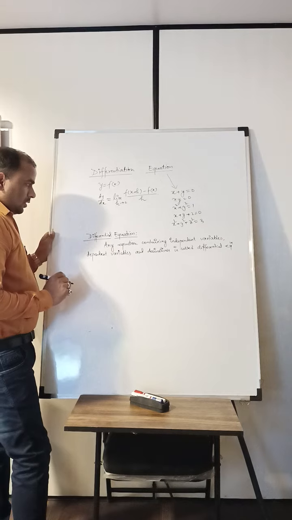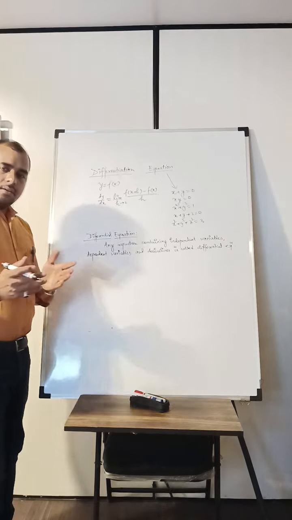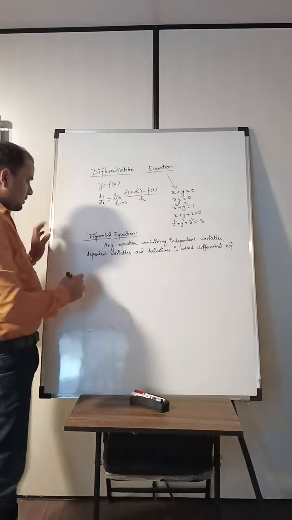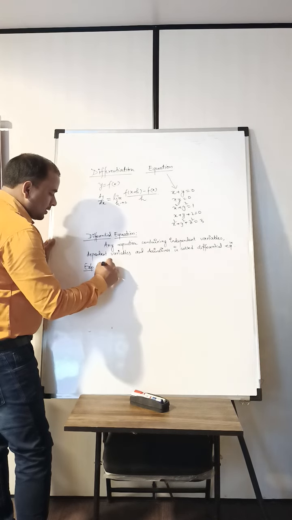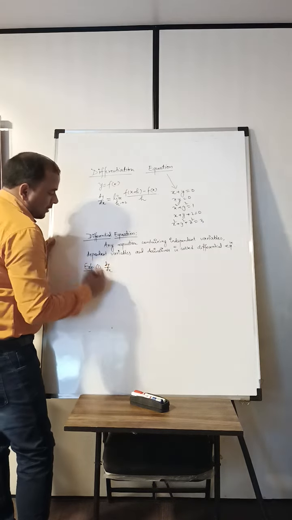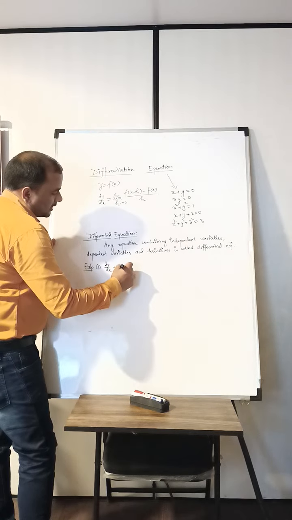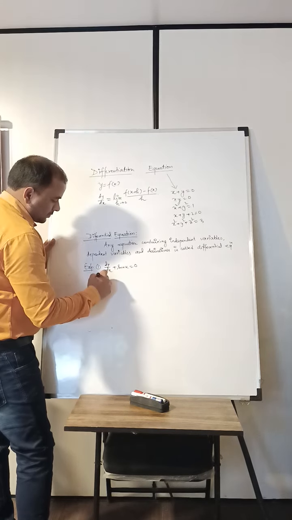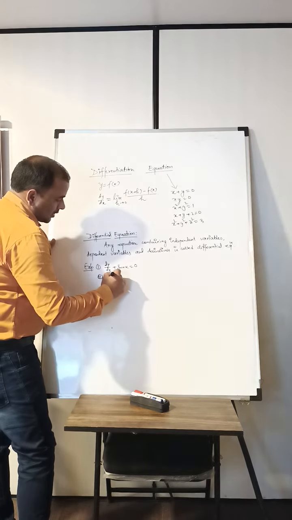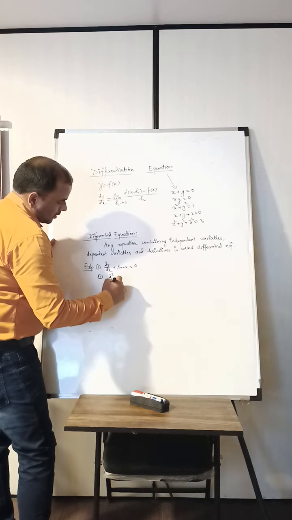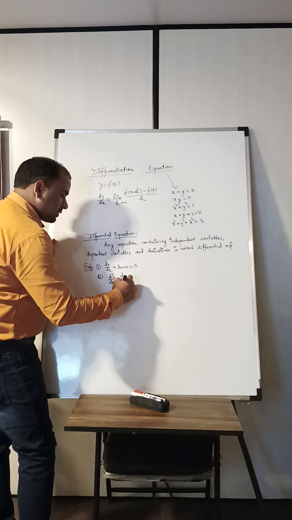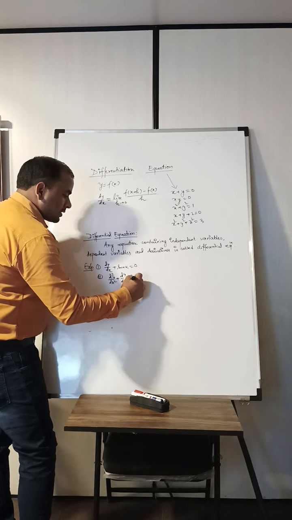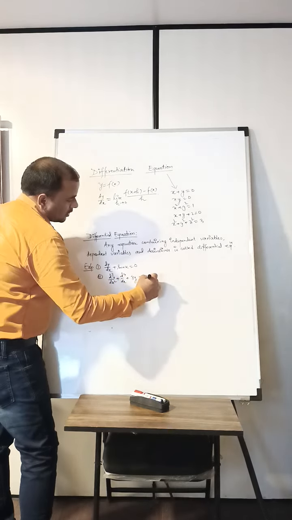So we can write many examples of differential equations. First one, dy/dx plus sin x is equal to 0. Second one, d2y/dx2 plus dy/dx plus 3y is equal to x square.